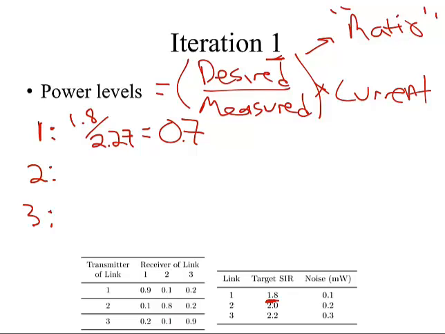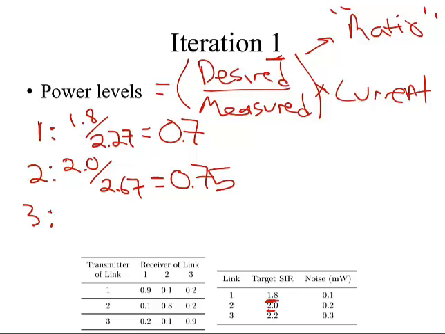We want to cut back our level by 70% because we were too high before. And for link 2, we saw before we have a desired SIR of 2.0, and we had measured 2.67, and so that gives us about 0.75, and so that means we want to reduce by about 25%, or we want to take 75% of what we had before.